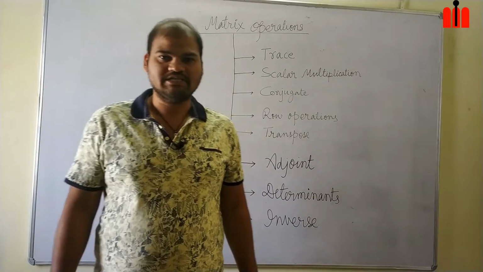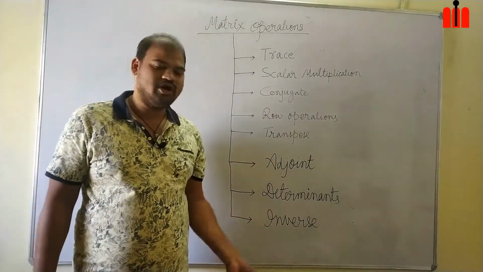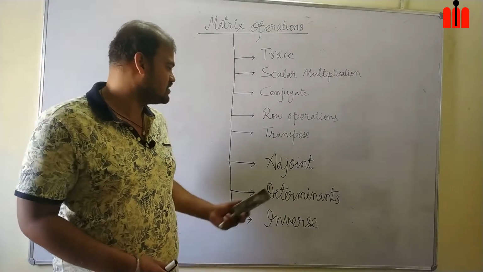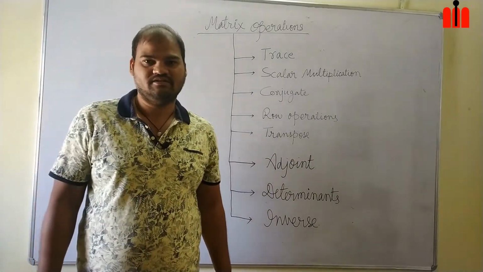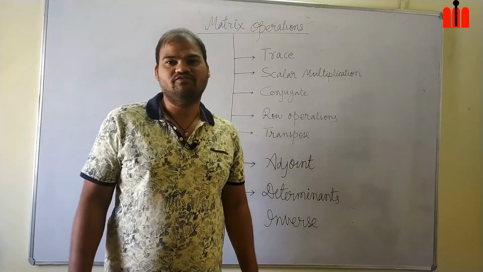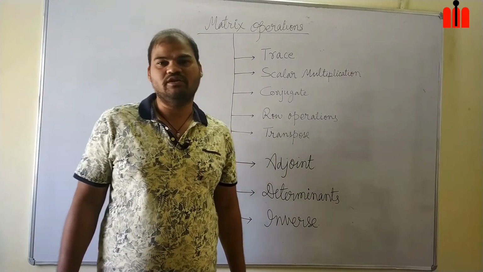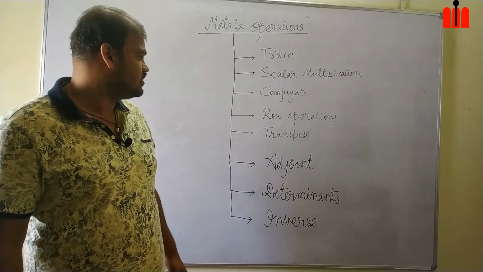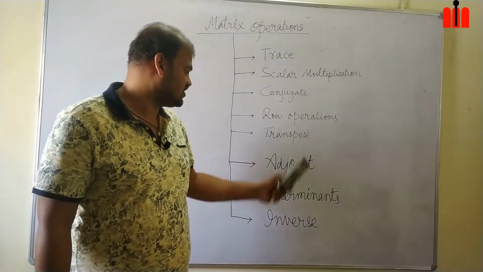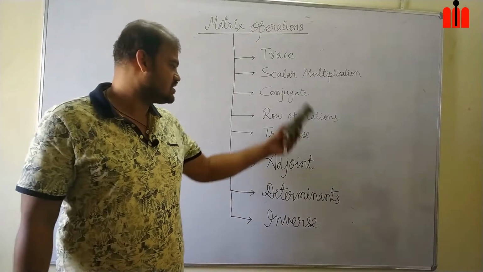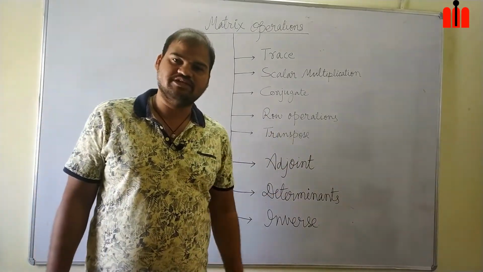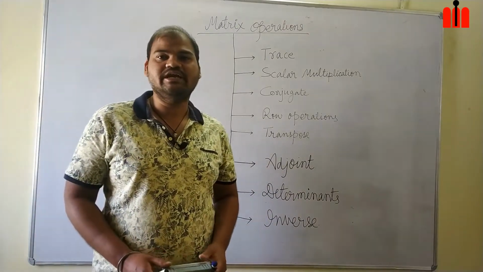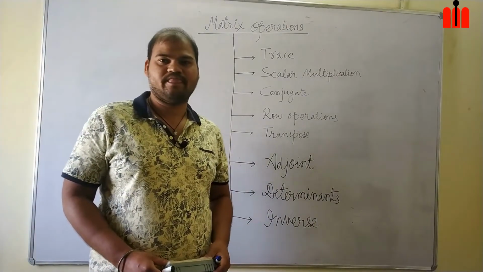Why class 2 and class 3? Because the number of operations is very large, it may be 7 to 8, and we can't club everything in one video, as the length of the video will go on. So we will discuss the first 5 in detailed explanation class 2 and the remaining 3 in detailed explanation class 3.